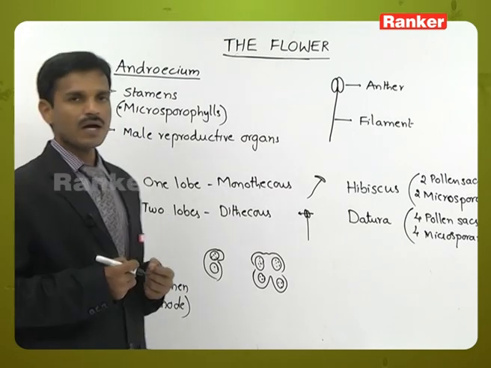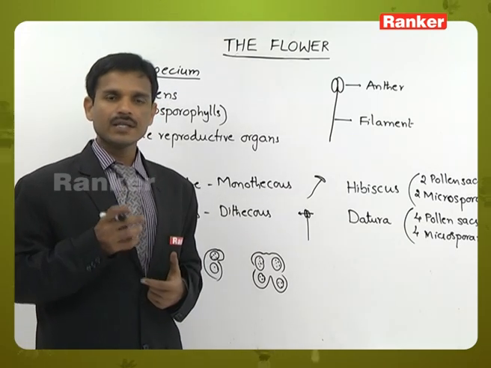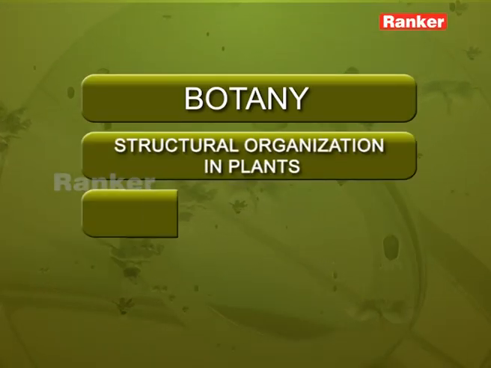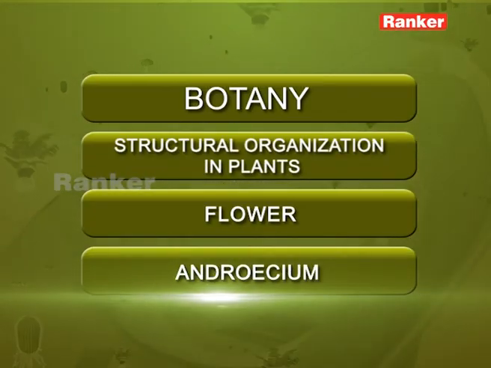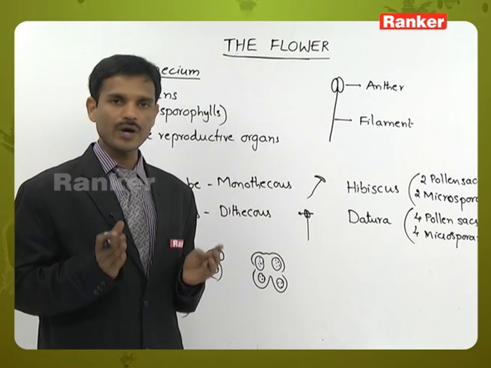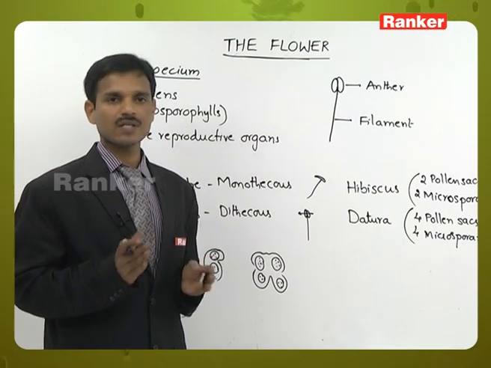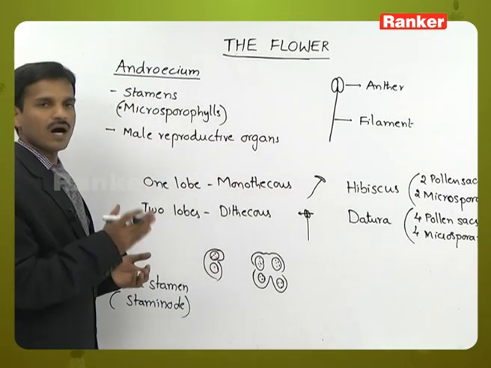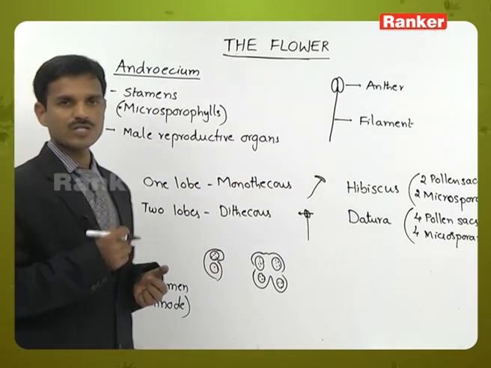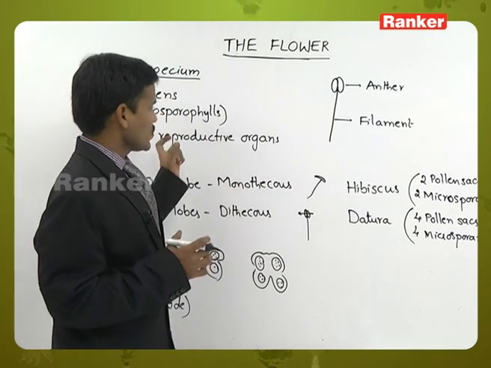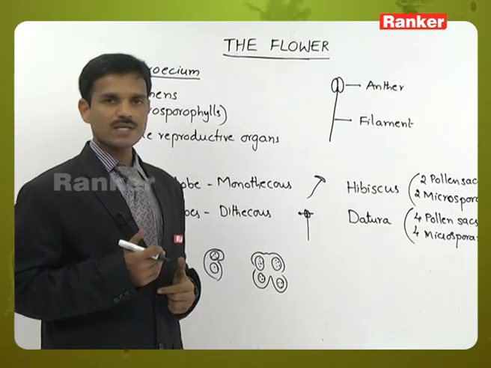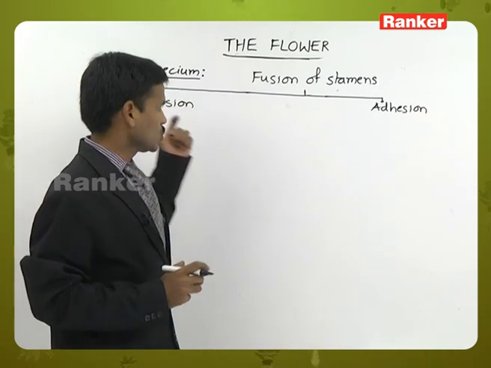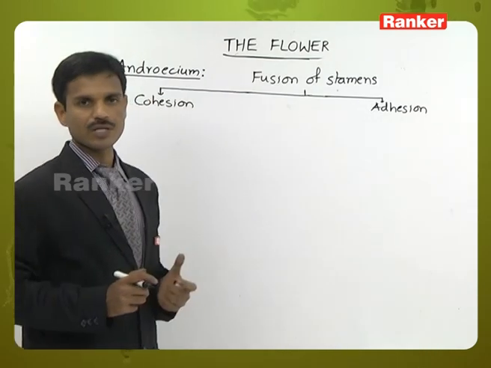So that is about the Androecium. In the Androecium, the stamens sometimes fuse with other floral parts. Sometimes the fusion, or cohesion, takes place among the stamens, and sometimes the stamens are fused with other floral parts, which is called adhesion. Fusion of stamens is mainly of two types, cohesion and adhesion.